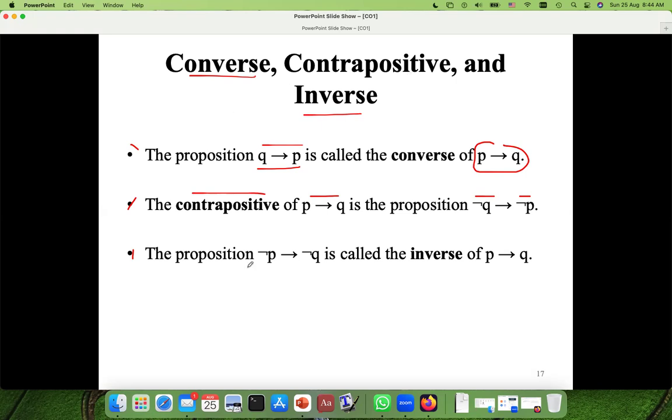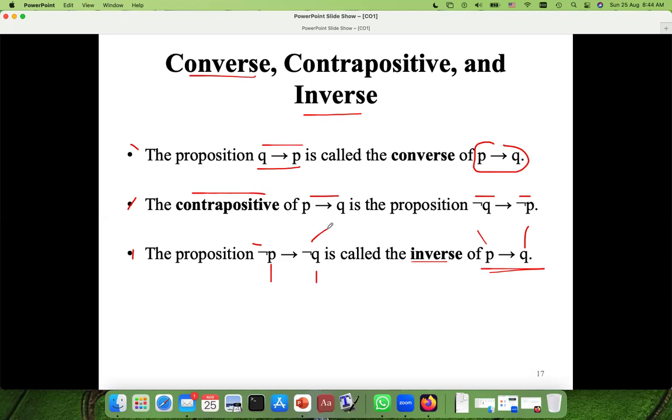And then what is the inverse of P implies Q? Here you don't have to change the position of the variables, that is the same. Inverse means exactly negative or opposite, so you only have to introduce negation. Converse is the reverse of something.